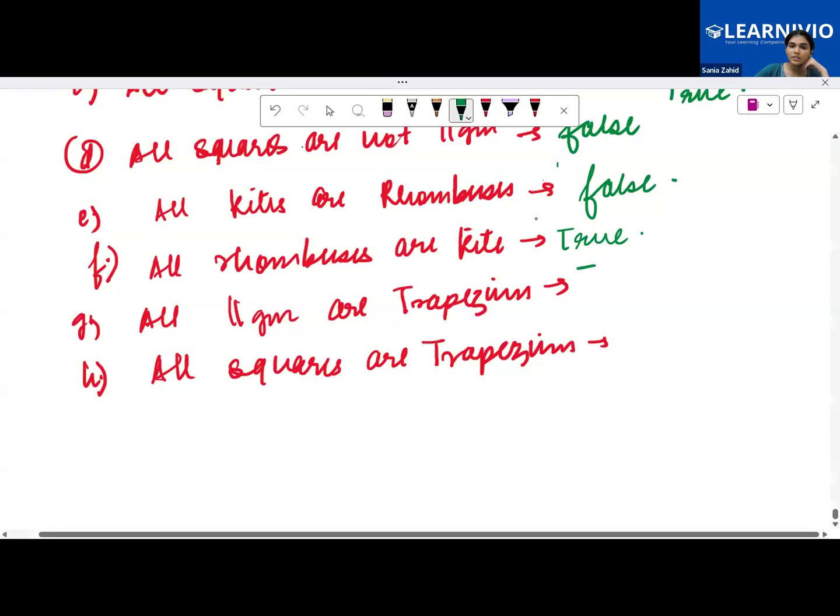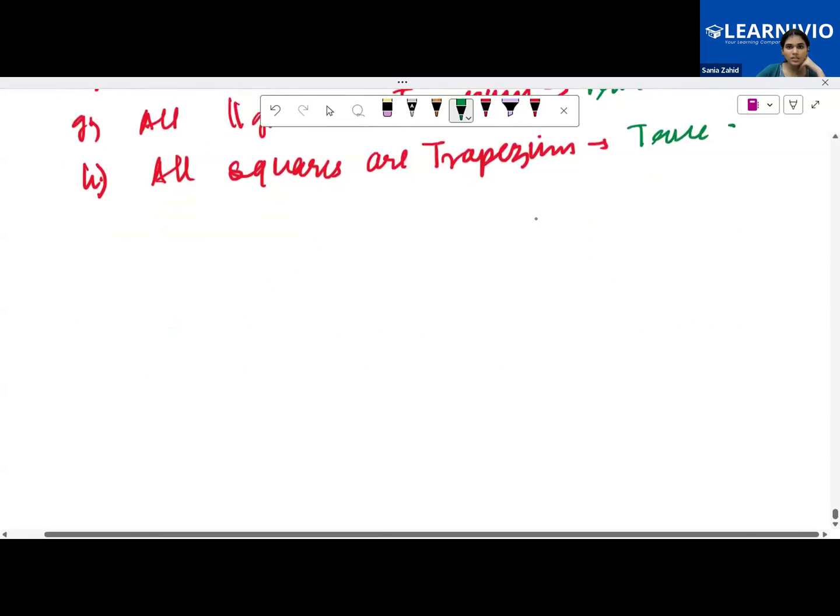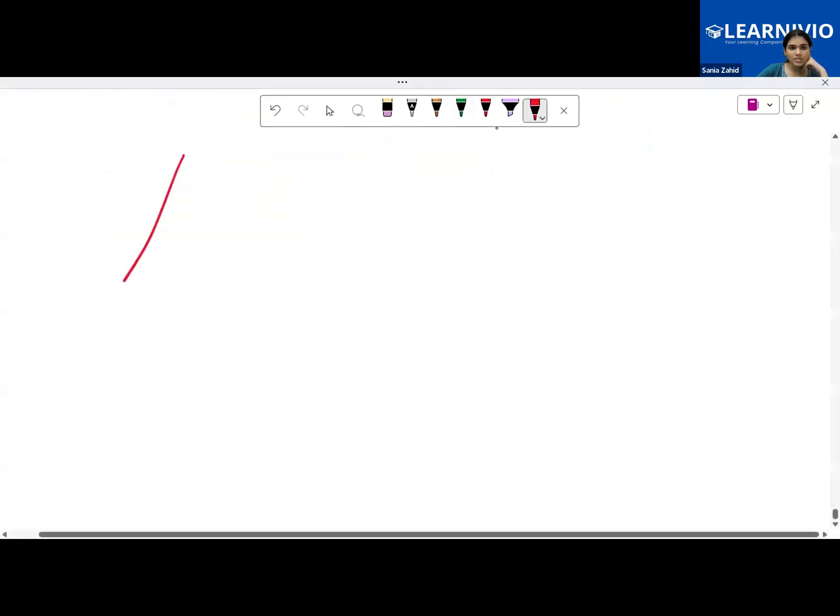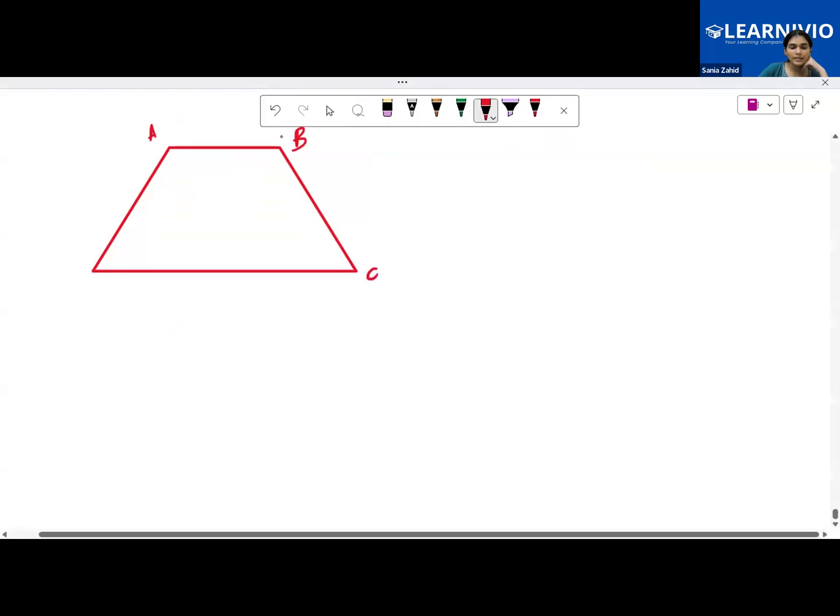All parallelogram are trapezium, true. All square are trapezium, true. Okay, it was not there, but we have a question, so I'll tell you the properties of trapezium. See, what happens in a trapezium is, so this is a trapezium, A, B, C, and D. Two sides are parallel to each other and two sides are not parallel.